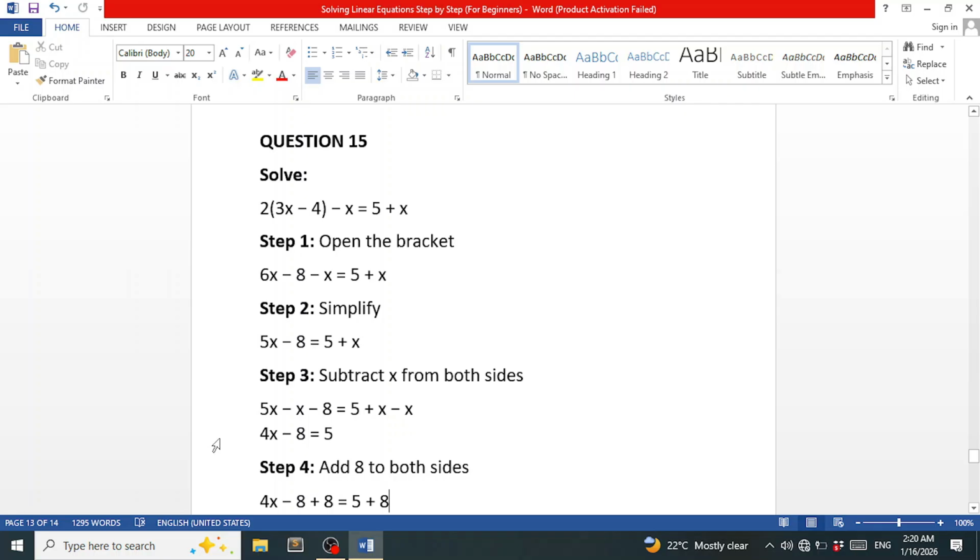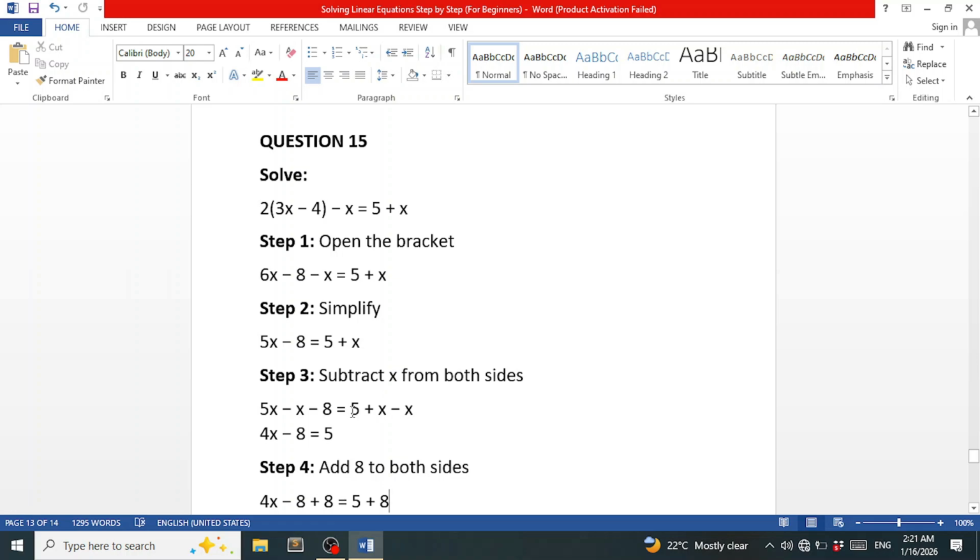Then 5x minus x, it's like 5 minus 1. There is 1 here before x as coefficient. That is 4. Then you have x on it. 4x minus 8 equals 5, because here this x minus x is gonna be 0. 5 plus 0, you're gonna have 5.